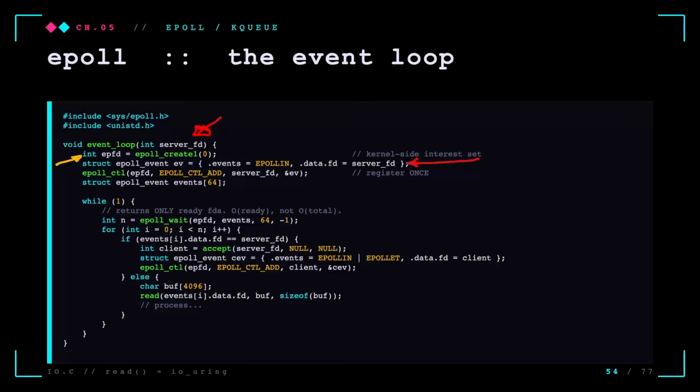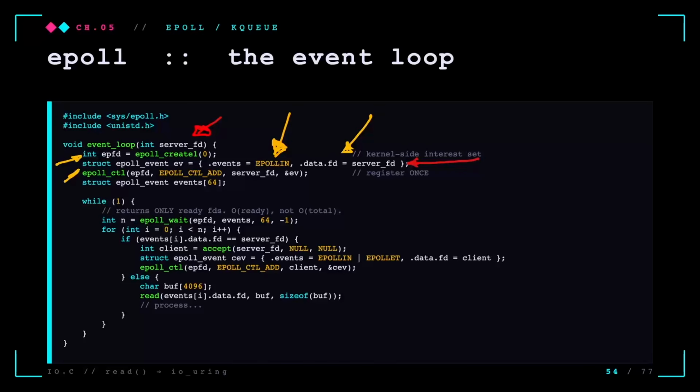And then we have our epoll event, which means we're interested in the input event. We're interested in reading. And this is the file descriptor that we're interested in subscribing to, so to speak. Now this EFD is, so to speak, an identifier of the interest set that the kernel has.